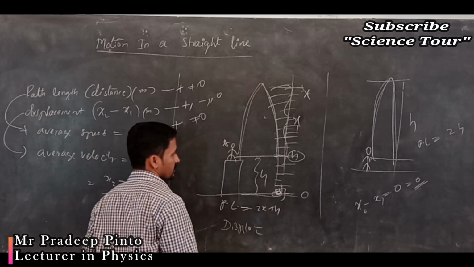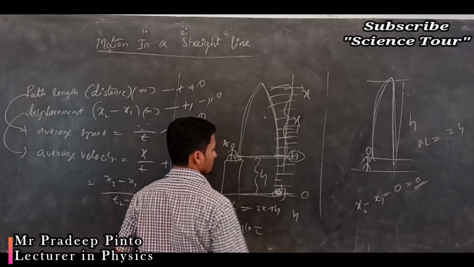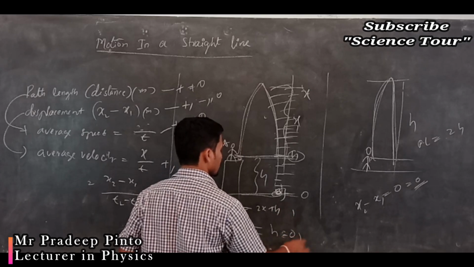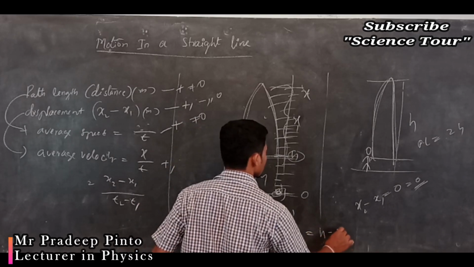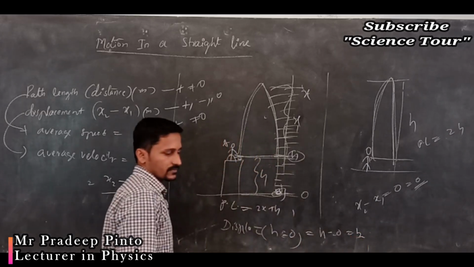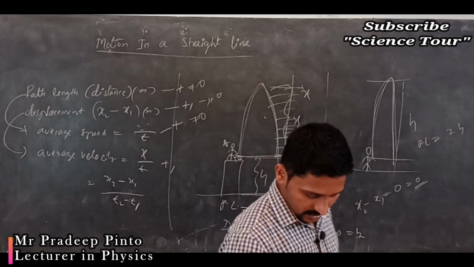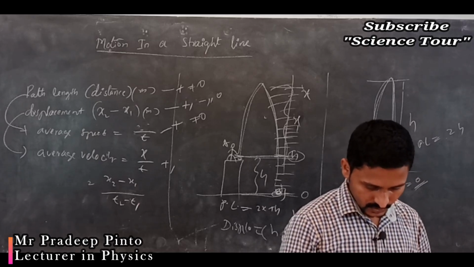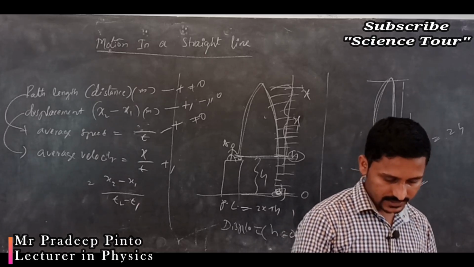Now what is displacement? Initial was h, final was 0. So displacement is h minus 0, which is equal to h. These are the simple questions I have given to find out the displacement and distances.